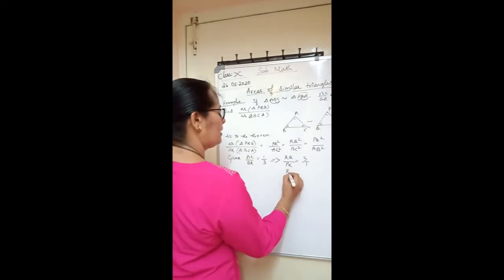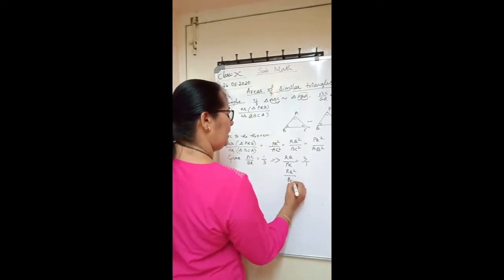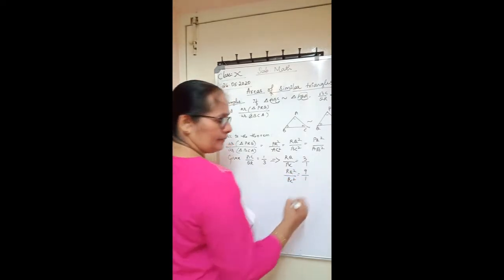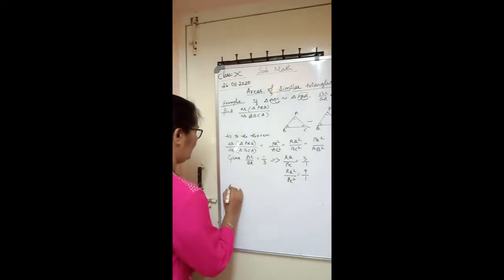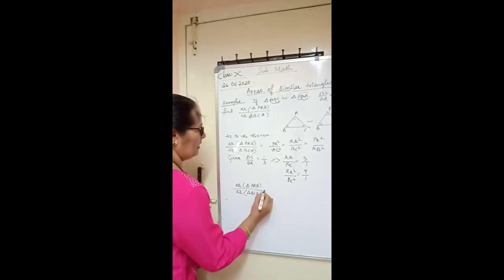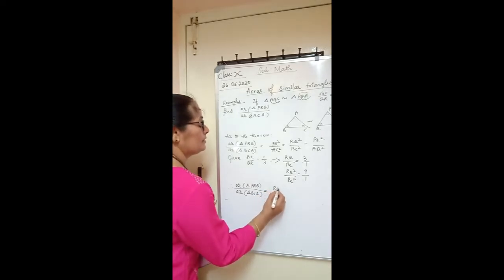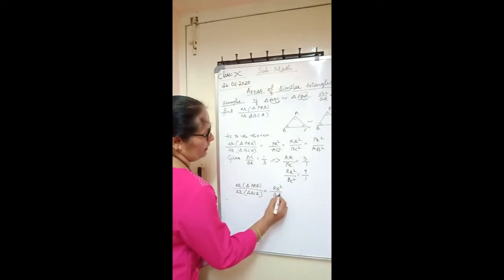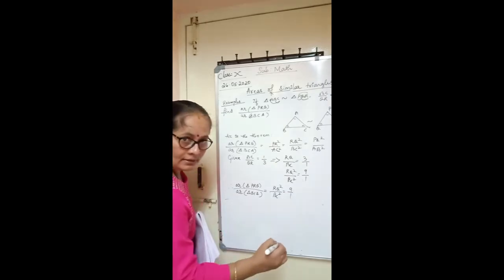So what is RQ square by BC square then? 9 by 1. Yes. So therefore area of triangle PRQ by area of triangle BCA equals RQ square by BC square, which is 9 by 1.